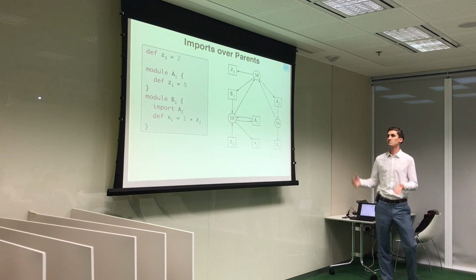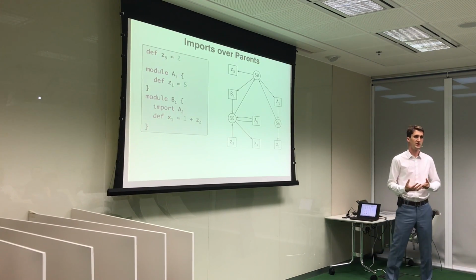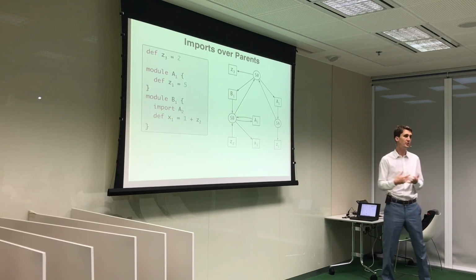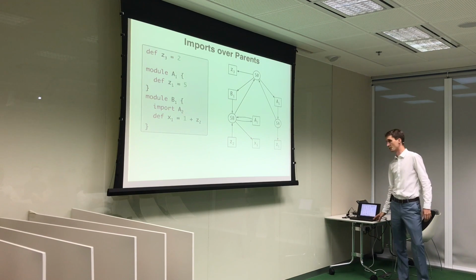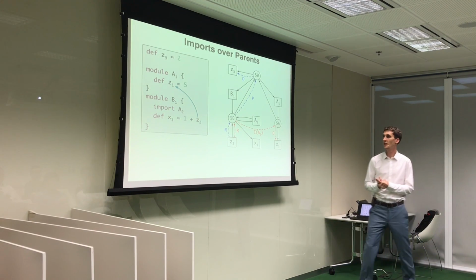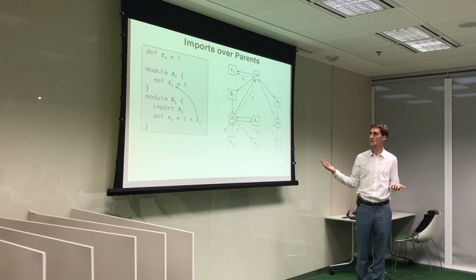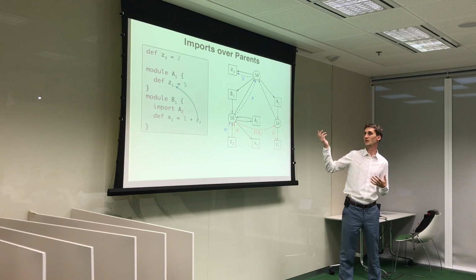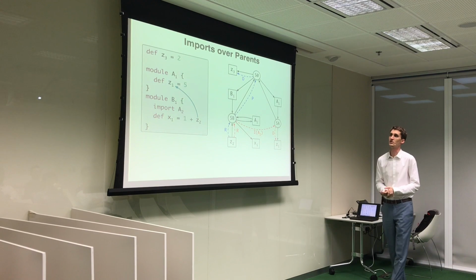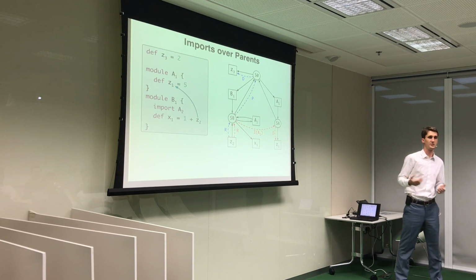So now you can tune your language, not only by the way you generate the graph, but by the way you compare paths, or by the kind of path you allow. For example, here we have two resolutions for Z. We have a resolution that uses the import, and a resolution that just goes to the lexical surrounding scope.